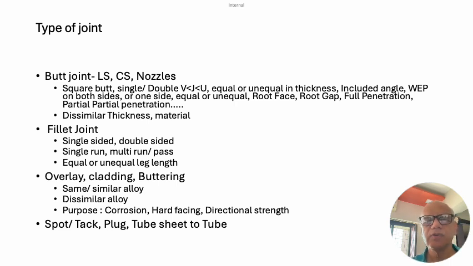So to get a feel of the consumables and the resultant chemistry, let's go to the next slide. Based on these joint types and the selection of the consumables, we will be deciding the number of passes and how to lay them and what care is required to be taken. So let's move to the next slide now.